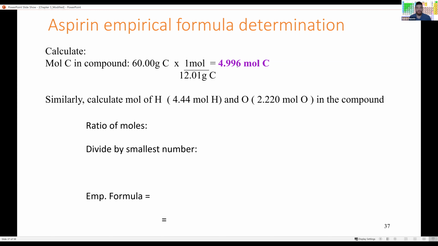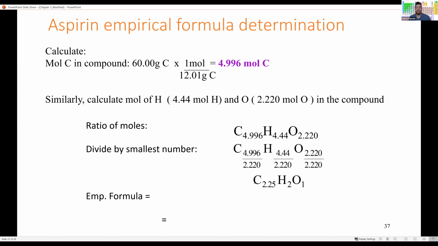So that's good. That's a whole number. So right now I have for carbon 2.25, for hydrogen 2, and then for oxygen, since we are dividing by itself, 1. There's our ratio, dividing by the smallest number: carbon 2.25, hydrogen 2, oxygen 1. Now what do you do?